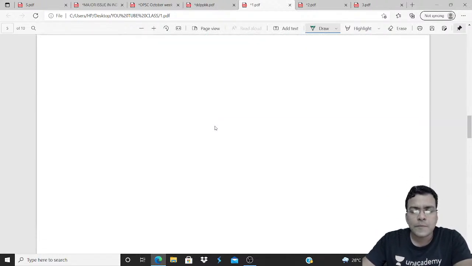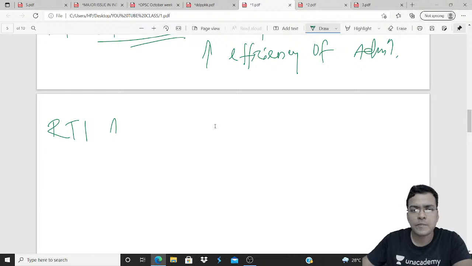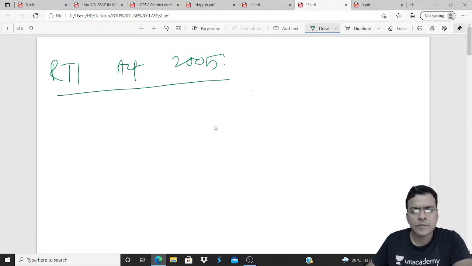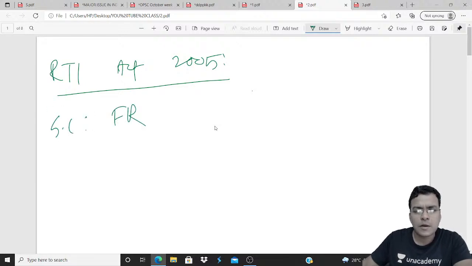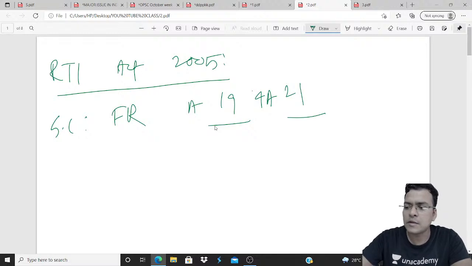So after that, the Government of India came out with the RTI Act 2005, and the Supreme Court said that it is part of fundamental right, Article 19 and 21. It is part of the fundamental right of Indian citizens.